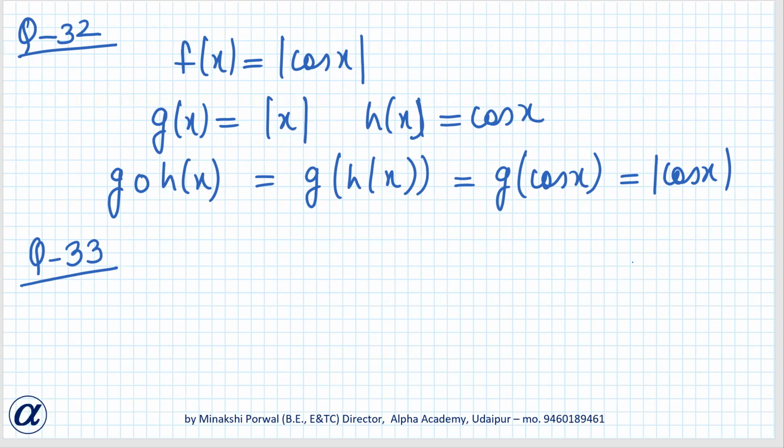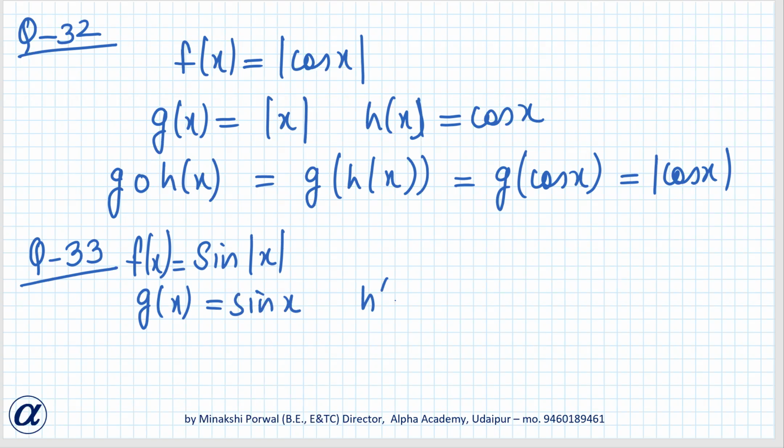Examine whether sine of mod x is a continuous function. Let f(x) equals sine of mod x. First of all, the function is defined for every real number, and f(x) can be written as a composition of two functions. Let g(x) equals sine x and h(x) equals mod x.